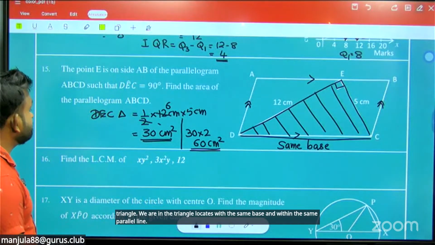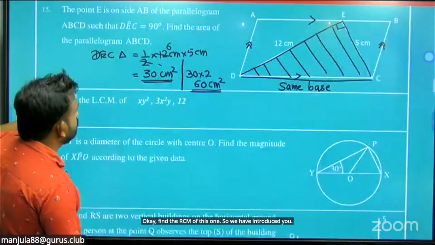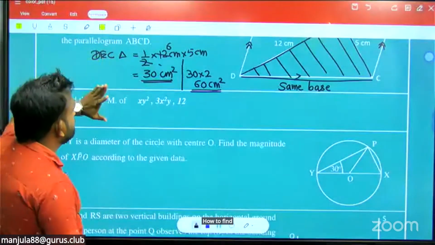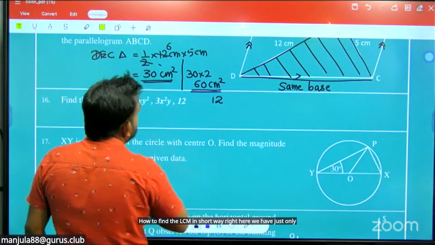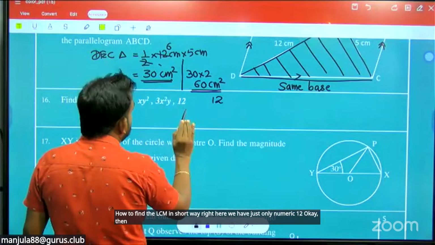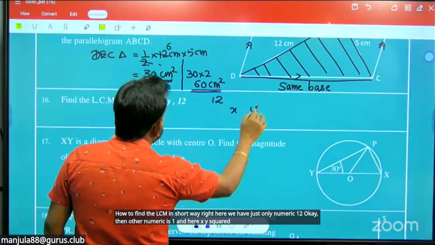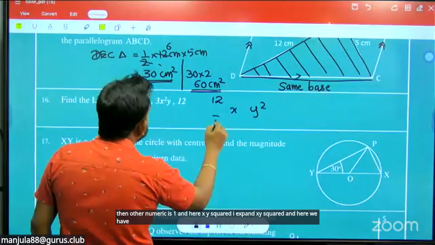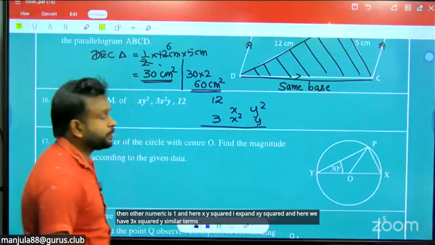Okay, find the LCM of this one. So we have introduced you to how to find the LCM in a short way. Right here we have just the numeric 12. Then the other numeric is 1, and here xy squared, and here we have 3x squared y. Similar terms under similar terms.